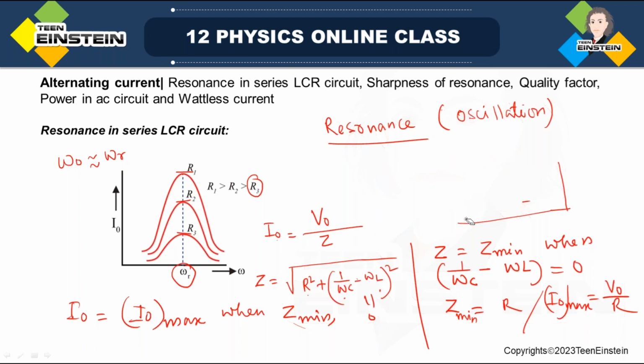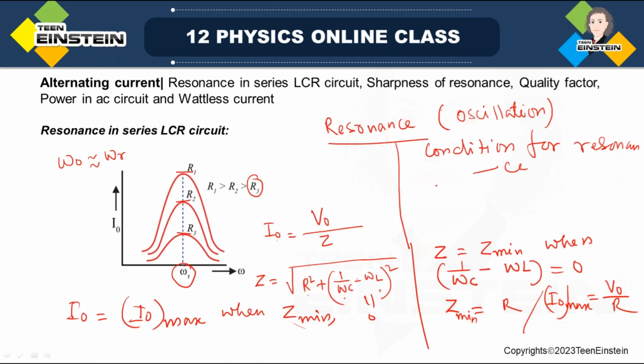What is the condition for resonance to occur? The condition for resonance is omega L becoming equal to 1 over omega C. From here we'll find out the particular frequency.